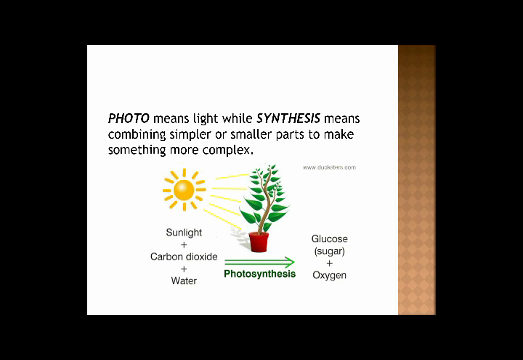And in the presence of these 3 things, the plant undergoes photosynthesis, and as a result of this photosynthesis, plants are able to make glucose, that is in the form of a sugar, as well as oxygen as a byproduct, which the plant is going to release into our atmosphere and which is going to be inhaled by us.